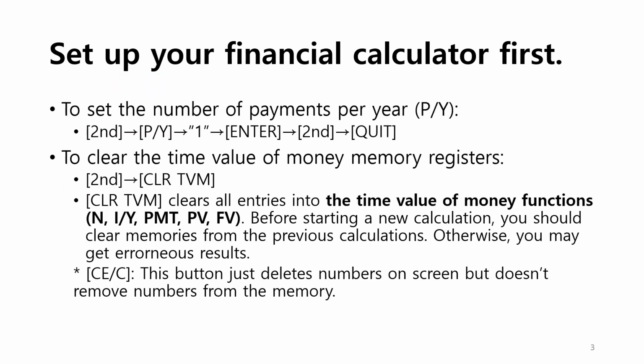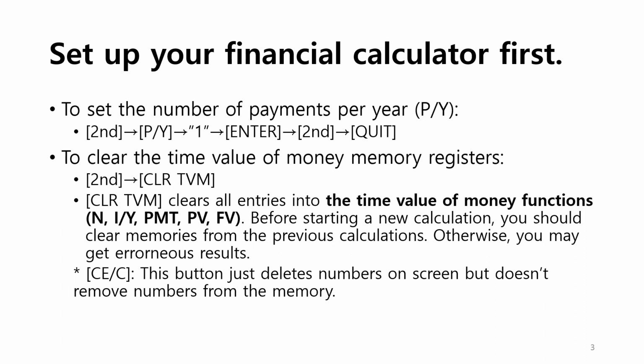So first, before using your financial calculator, you have to finish setting it up. The first thing is you have to set the number of payments per year. By default, the number of payments per year is set at 1.